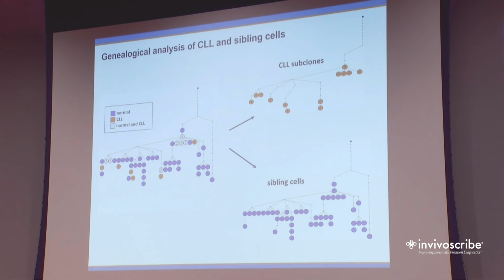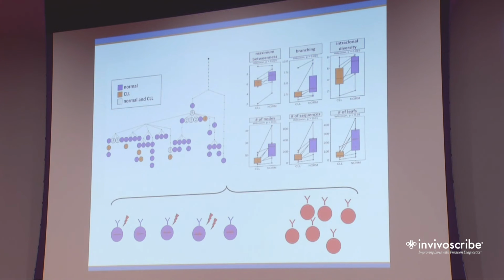Of course, now mathematically, we can subdivide these cells into the CLL tree that only comes from the CLL subclone sequences and those from the sibling cells. And see again, this corresponds to millions of CLL cells, whereas this corresponds to only a few hundred or 1,000 sibling cells, because we cannot get many more cells out of this donor, but the tree looks completely different. This can also be mathematically proven by looking at different tree parameters like maximum betweenness, branching, intraclonal diversity, and other factors.